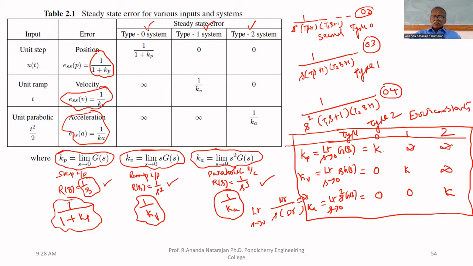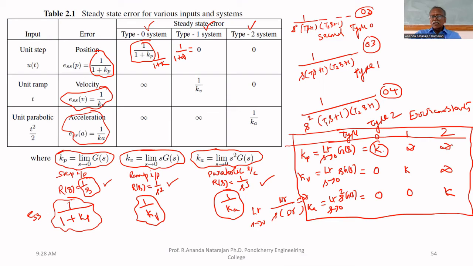If we substitute this K here for steady state error, the formula is 1 upon 1 plus Kp. Kp equal to K, therefore 1 by 1 plus K you will get. Here infinity, so 1 by 1 plus infinity equals 0.